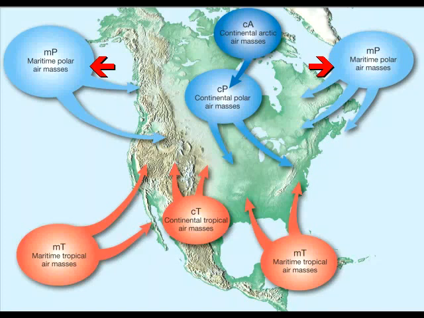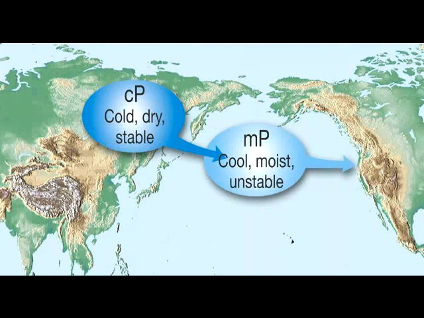Maritime polar air masses form over oceans of high latitudes, the North Pacific and Northwestern Atlantic. They are humid and cool or cold. However, they are mild in comparison to the continental polar or continental Arctic air masses. Pacific MP air masses usually begin as CP in Siberia, where they are cold, dry, and stable.